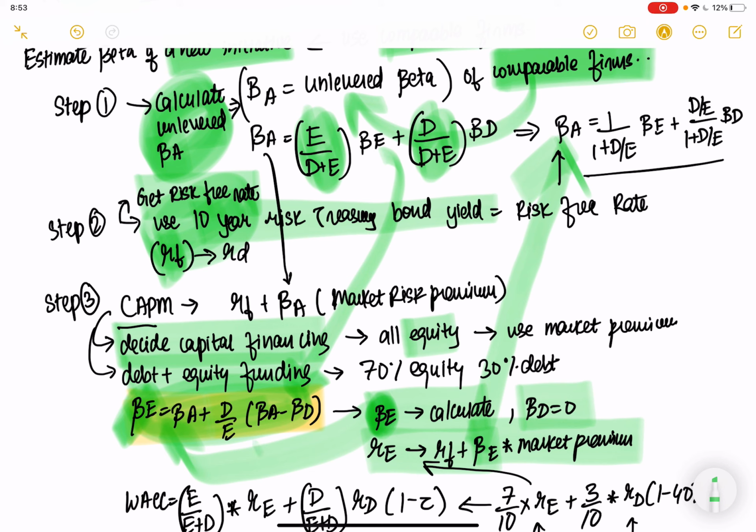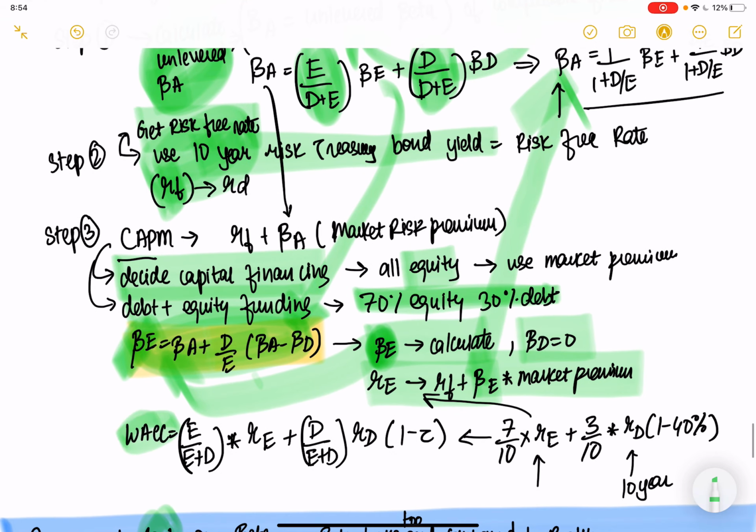The reason you do this is because you are trying to raise project investment through equity and debt financing, let's say 70-30. So once you have clarity on which firm has a comparable beta to use, once you have the risk-free rate, and once you have the beta of your current equity, then you can easily plug that into the CAPM model and calculate the weighted average, right?